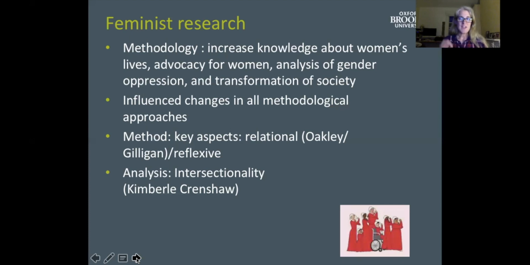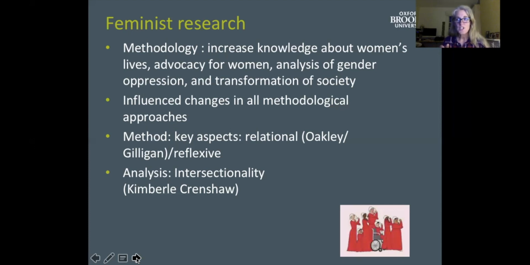And lastly, but definitely not least, I want to mention intersectionality. Kimberlé Crenshaw takes feminist thinking regarding oppression and transformation beyond the one dimension of being female to consider other, intersecting areas of disadvantage, such as race, disability, etc. I've ended here with the Facebook icon from the Feminist Research Network, which illustrates this really well.